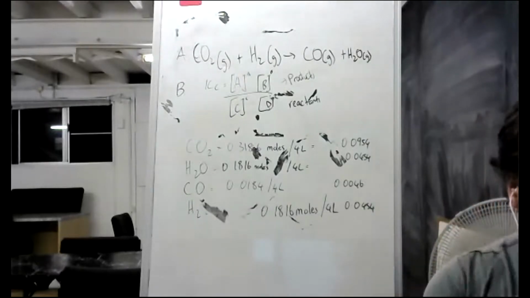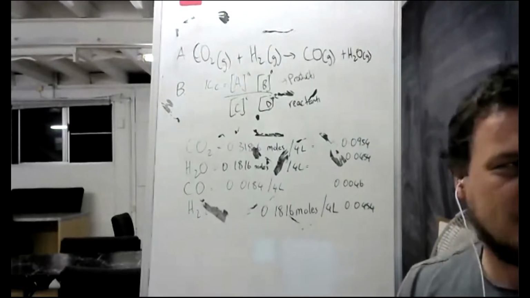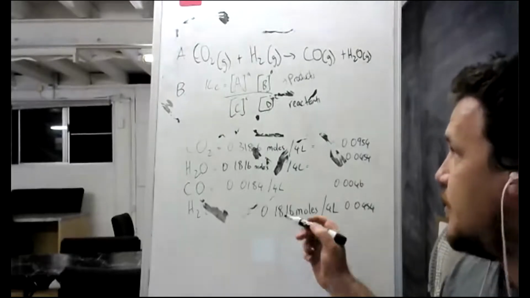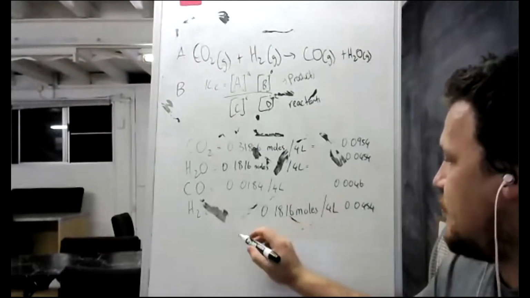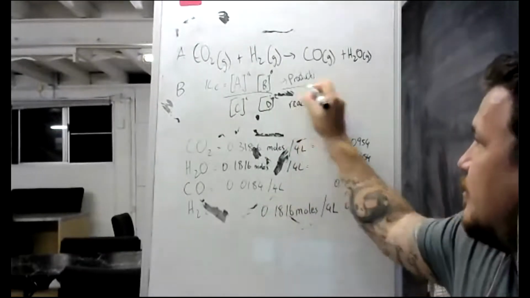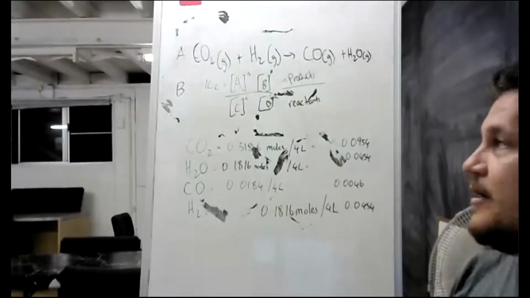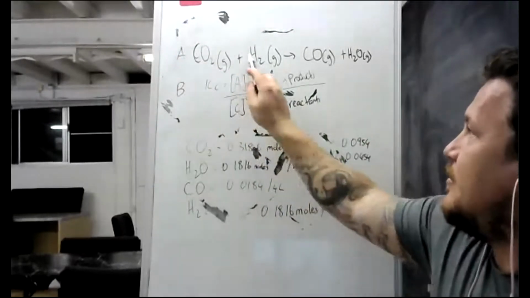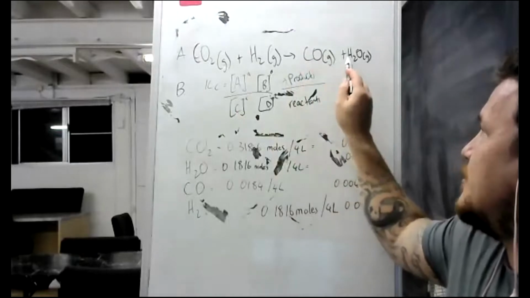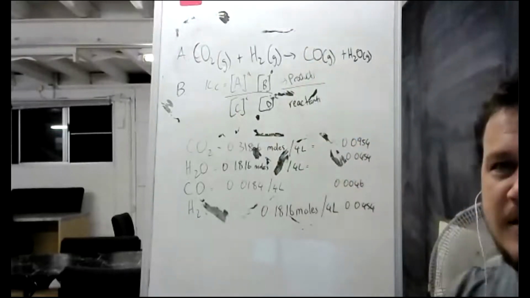So to put these back into our equilibrium expression, we have products over reactants. Easy here because all of the molar coefficients are 1. That makes it much easier.